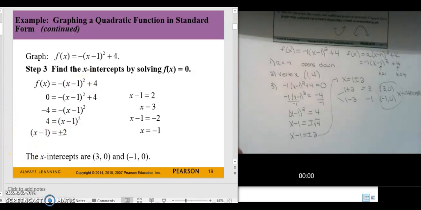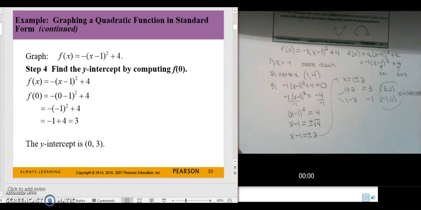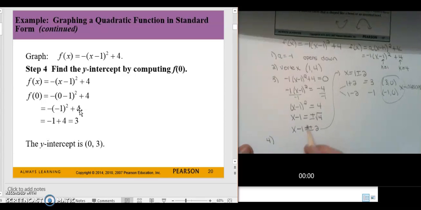Okay. So let's go on to the next one. The next thing we're going to do is find our y-intercept. To find our y-intercept, what we do is we set x equal to 0. I'll put that right here. So to find the y-intercept, I'm going to find f of 0. So I'll plug 0 into this original equation.